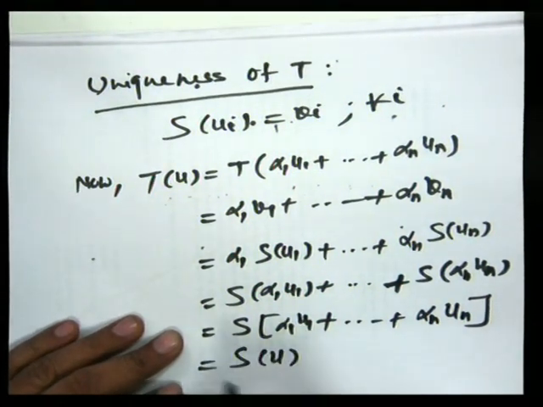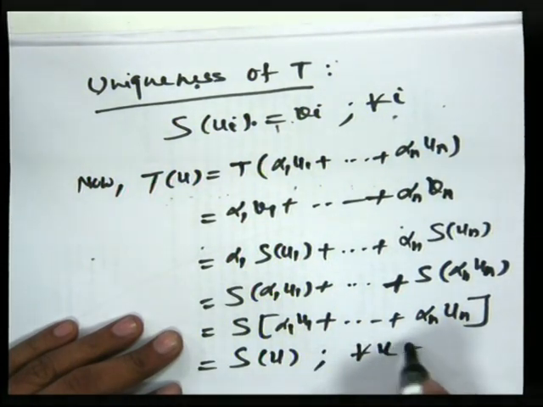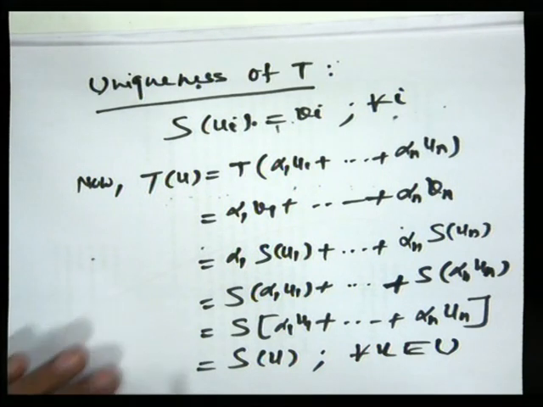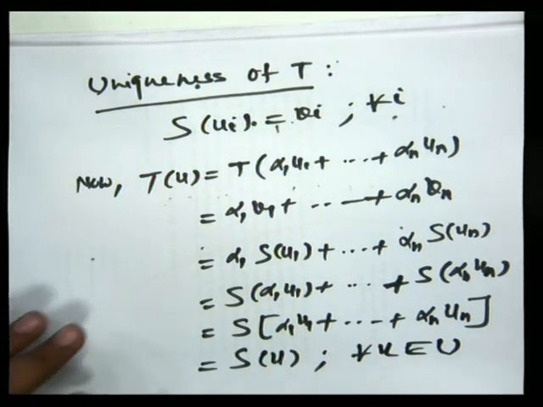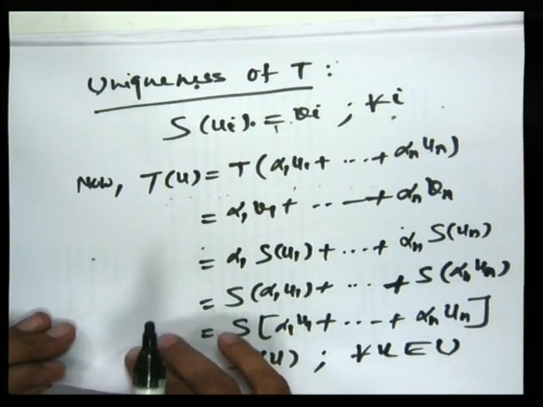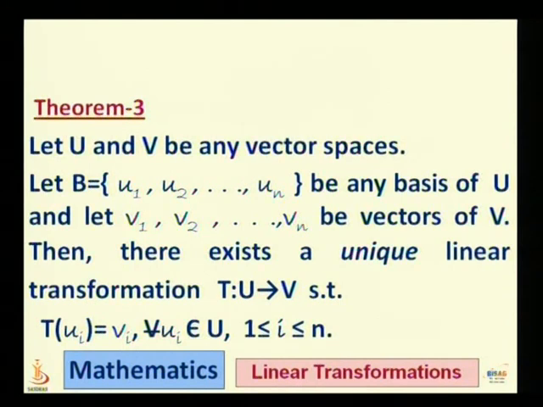So we get T of u is equal to S of u. This happens for every small u belonging to capital U, which proves that the linear transformation T defined is a unique linear transformation between the vector spaces U and V. Okay, this proves the theorem 3.